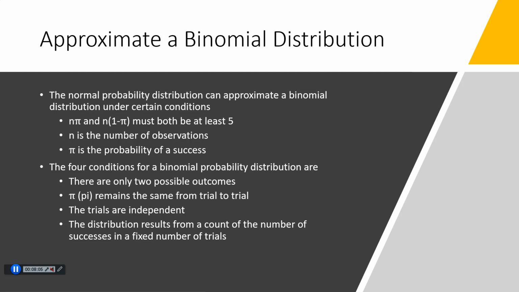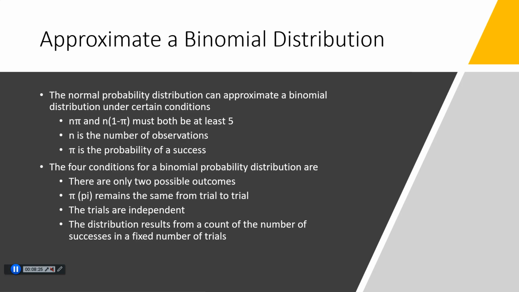We can use the normal distribution, which is a continuous distribution, as a substitute for a binomial distribution, which is a discrete distribution, for large values of n, because as your n increases, your binomial distribution is going to get closer and closer to a normal distribution.